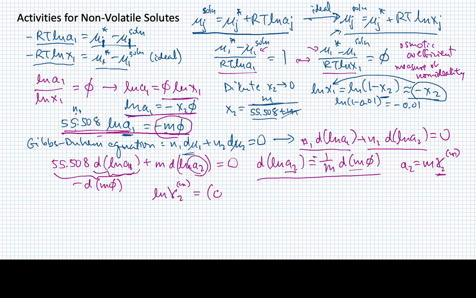It will be given by this quantity, the osmotic coefficient minus 1 plus the integral of this actually fairly simple looking integrand of the osmotic coefficient minus 1 over m, the concentration. And this m is just an integration variable that ranges from 0 molality to some non-zero molality.